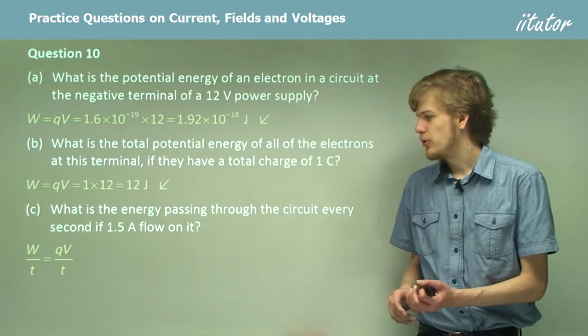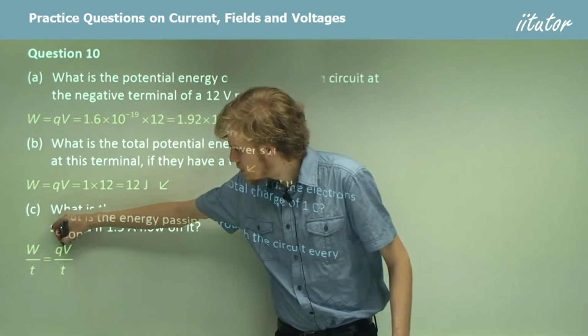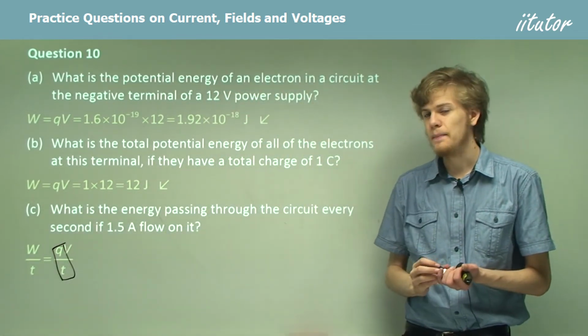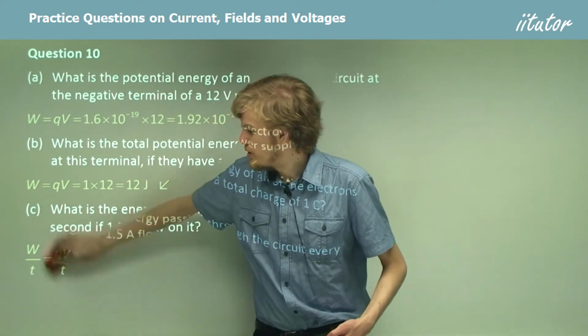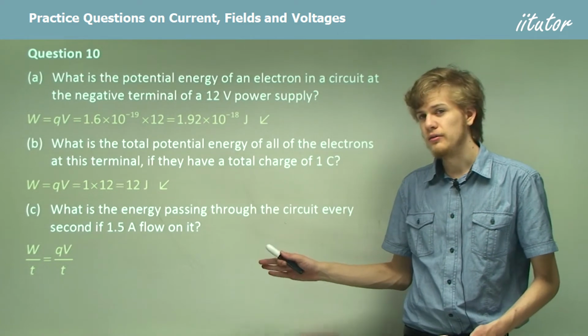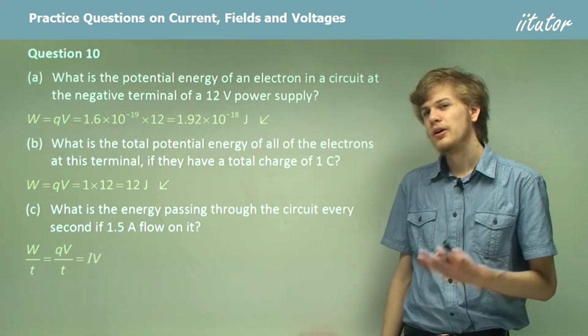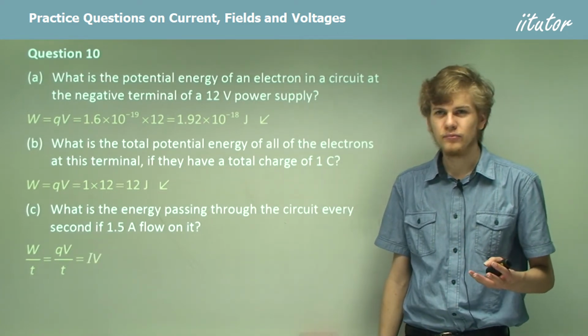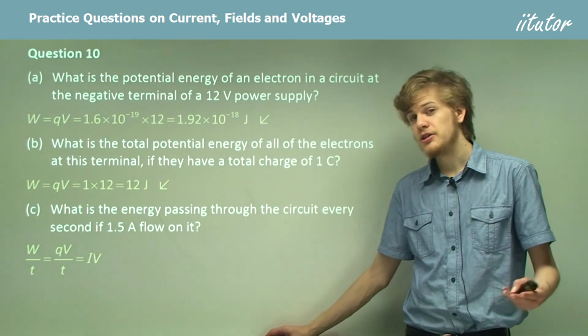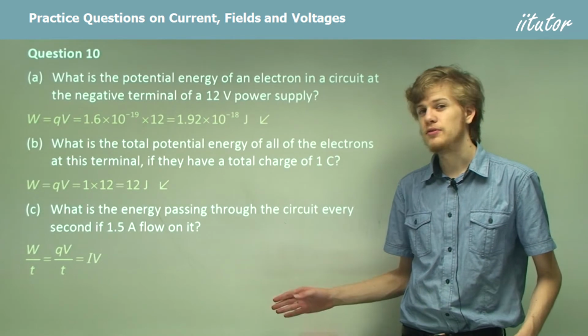That means that on the right side of the equation, we can use this Q over T to substitute in our I. So the energy over time flowing through the circuit is QV over time, which equals I times V, right? Substituting Q over T for I. So the energy per time is the current times the voltage.